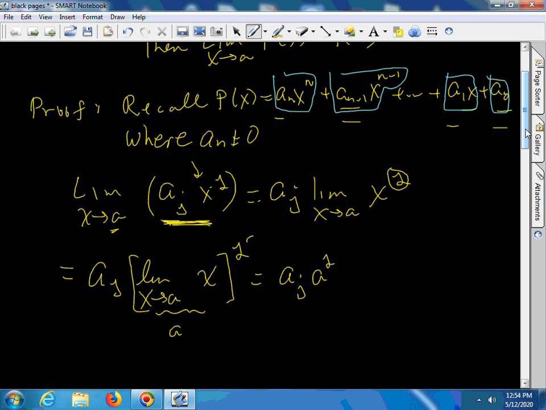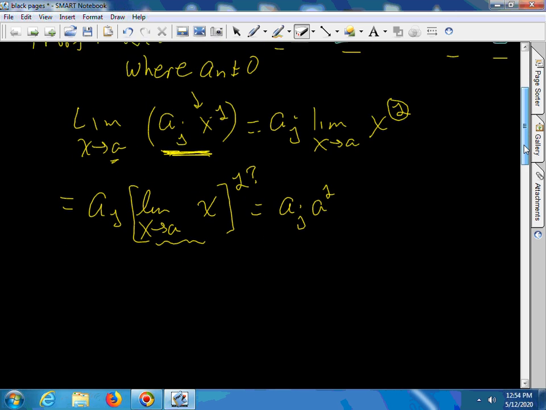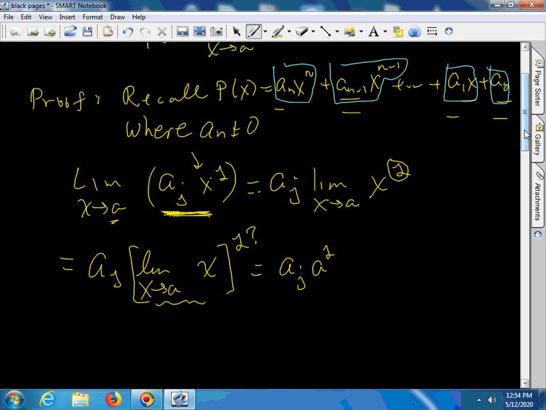So we just need to prove this limit in the box, to show that this limit is in fact a to the j. So I just want to prove that this limit is a.